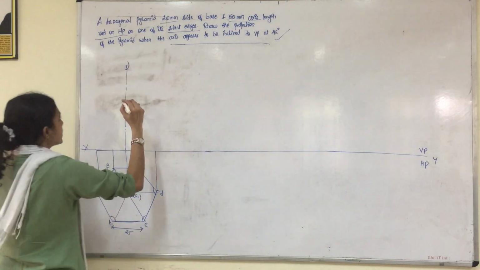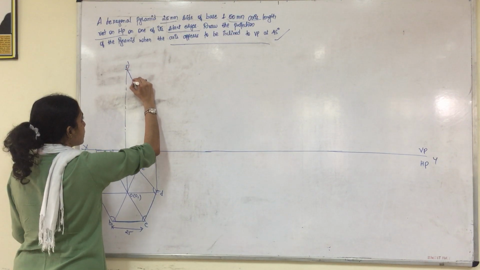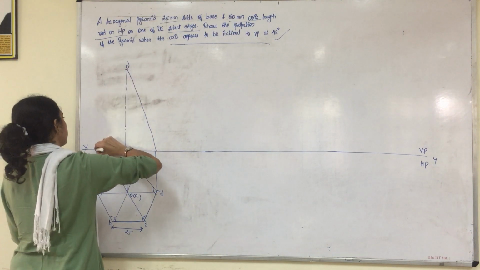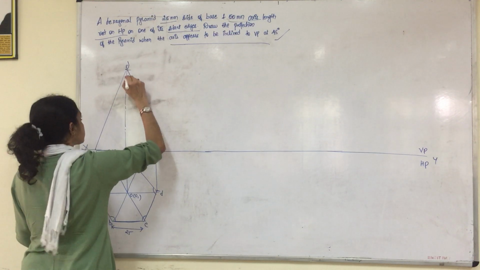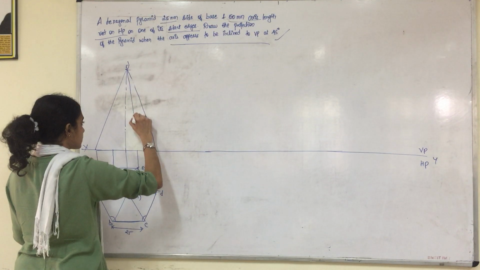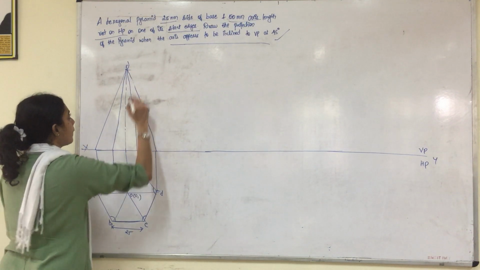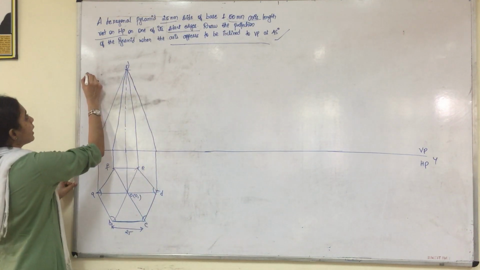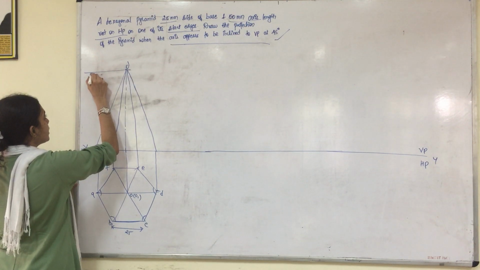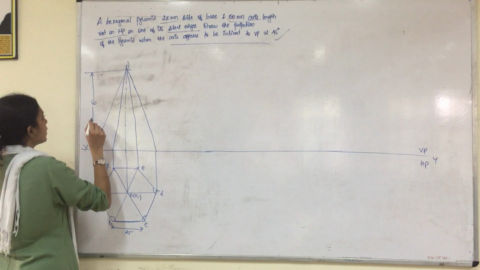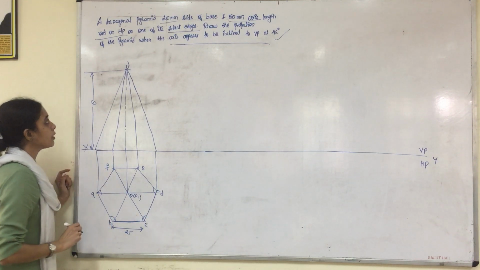Once you get the apex O dash, join from the apex to all the projections you have taken without fail. Right? After this, kindly show the axis height you have taken, which is equal to 50 mm. Draw the arrows properly. I am just showing you roughly.